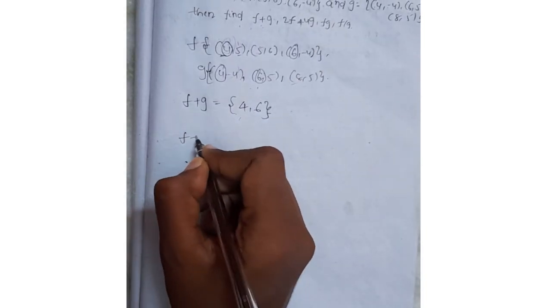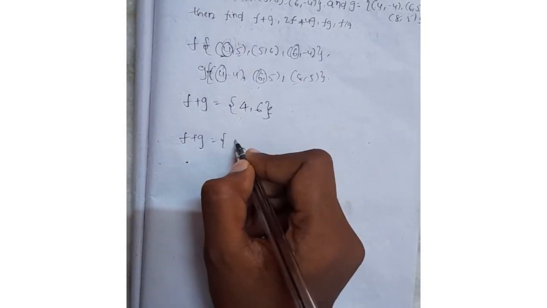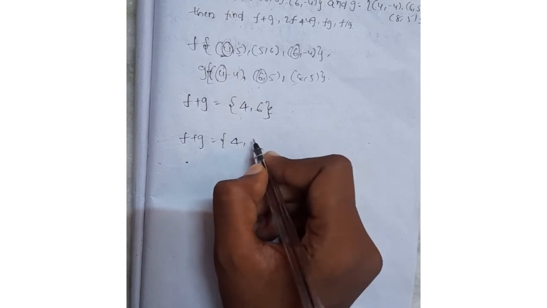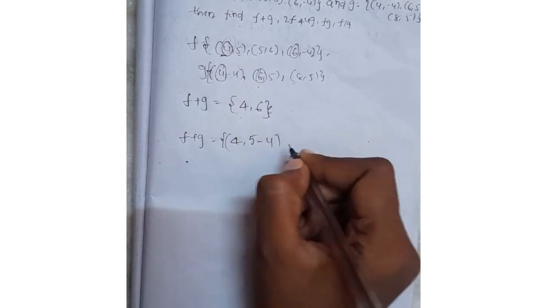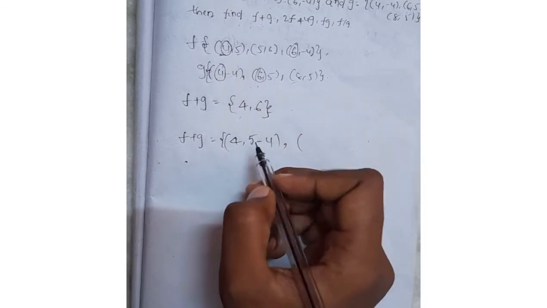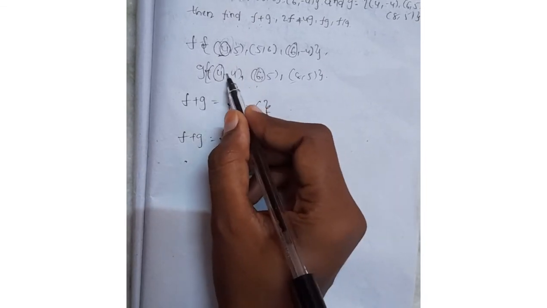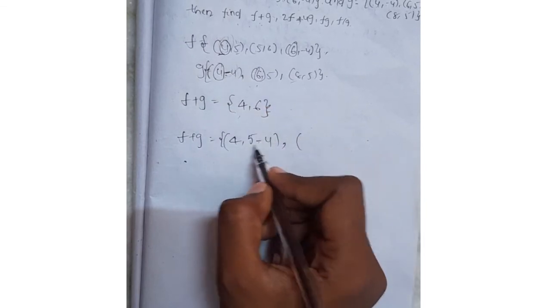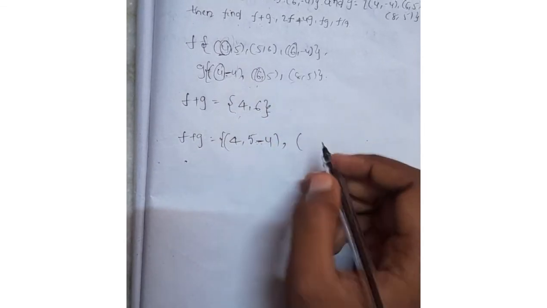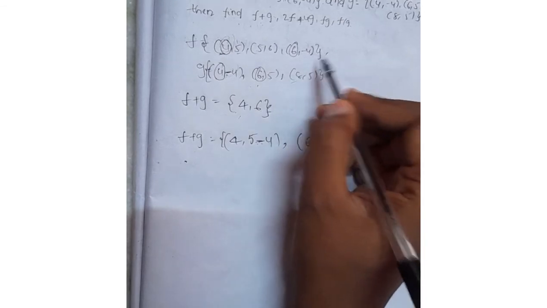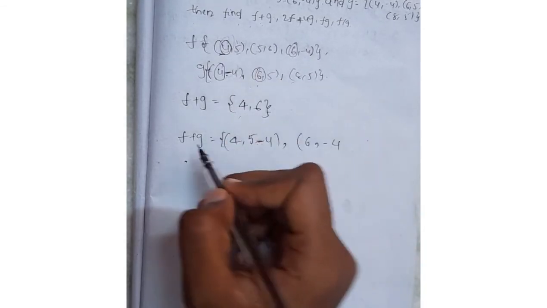So now f plus g equals to (4, 5 minus 4). Actually it should be added, but we have a negative sign here, that's the reason it is 5 minus 4. And next, what is the other common domain? 6. (6, -4 plus 5), we are adding, right?